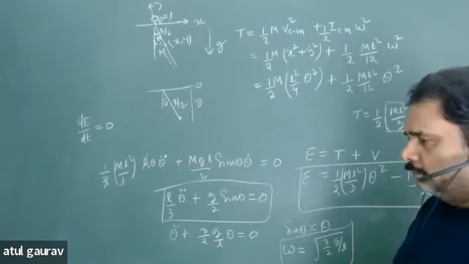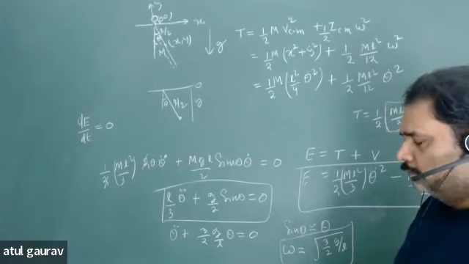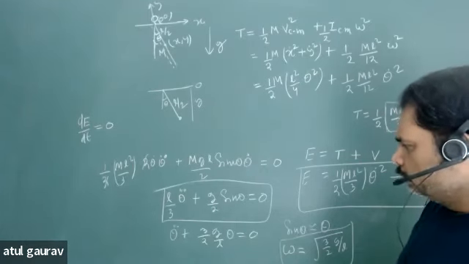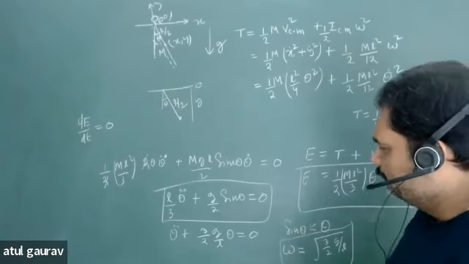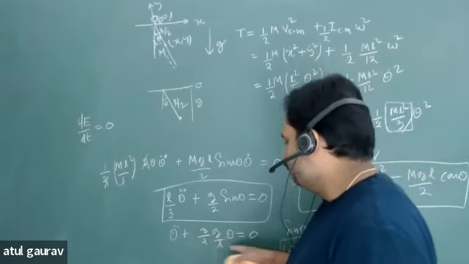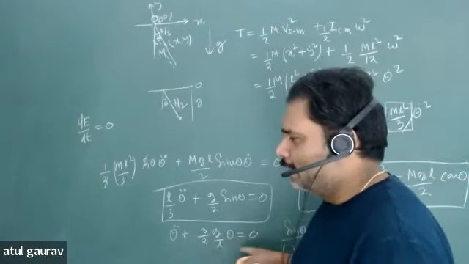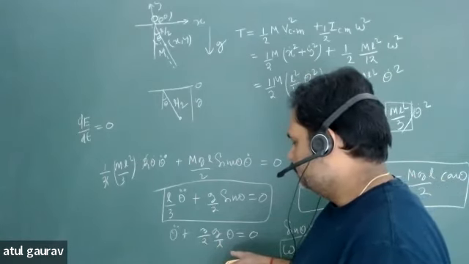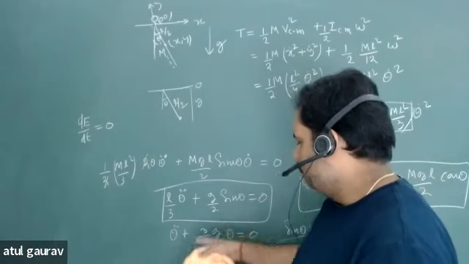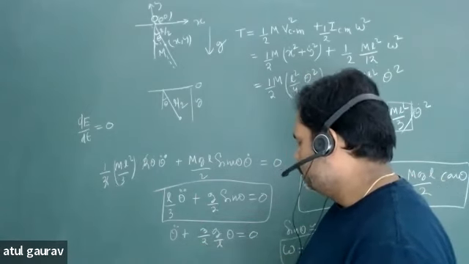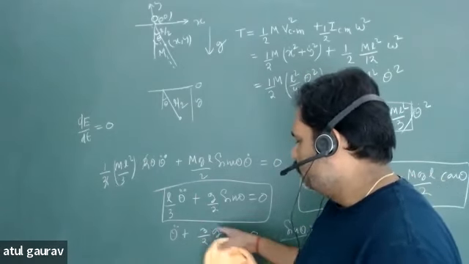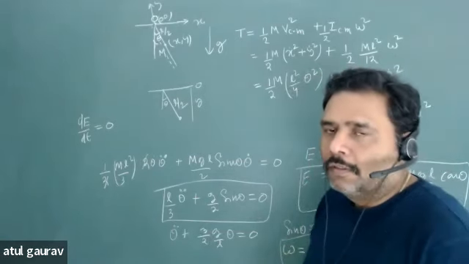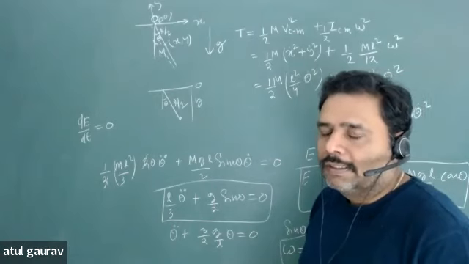Sir, here theta dot is omega, right? And here theta double dot. Sir. Hmm. This is the equation of motion. Second order differential equation, isn't it? Yes, sir. And what will be the omega here? This is your omega, no? Do you know solving the simple harmonic motion? You know how to solve simple harmonic motion?